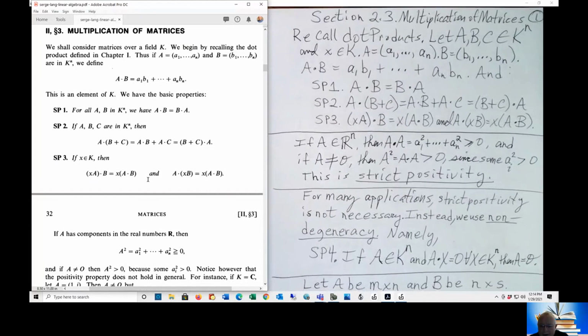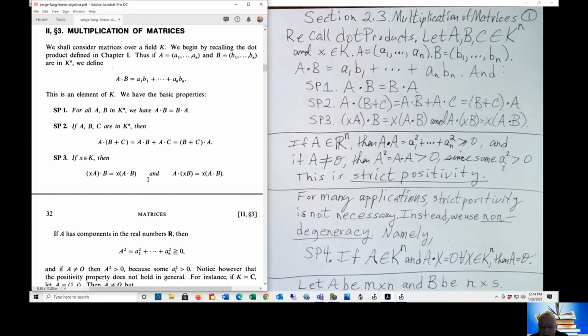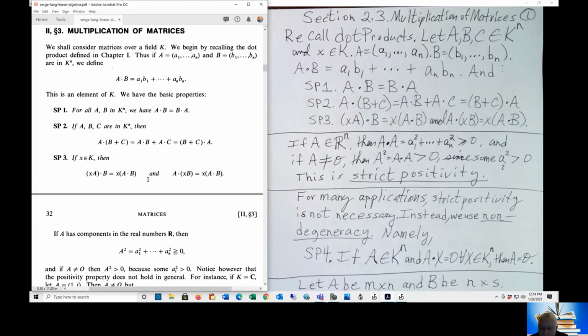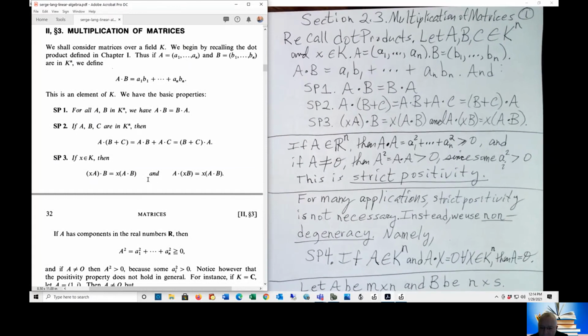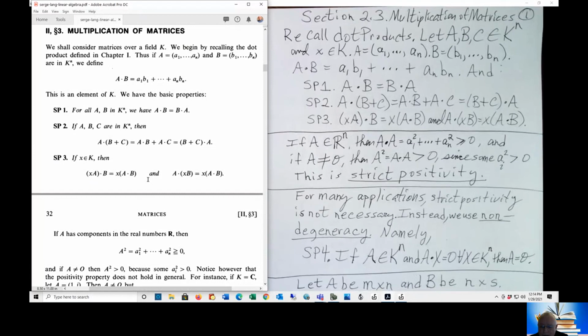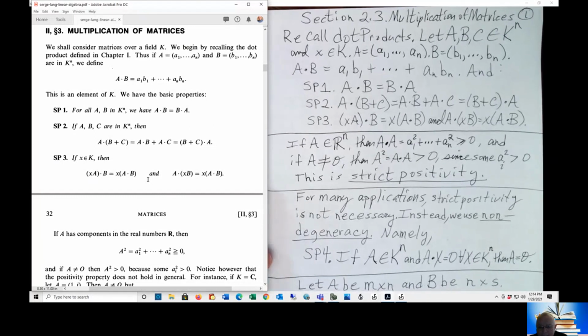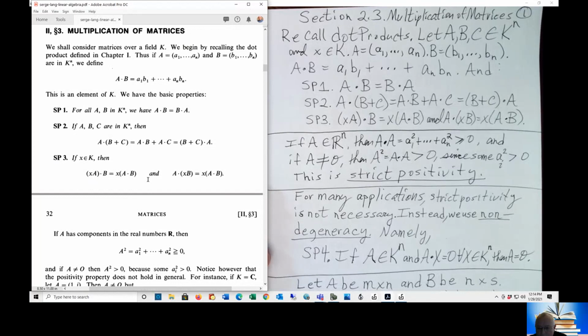Now, matrix multiplication is a little more involved than matrix addition and multiplying matrices by scalars. And you know that, but let's remind ourselves how to multiply two matrices. Now, in general, we know that matrix multiplication is not always defined.